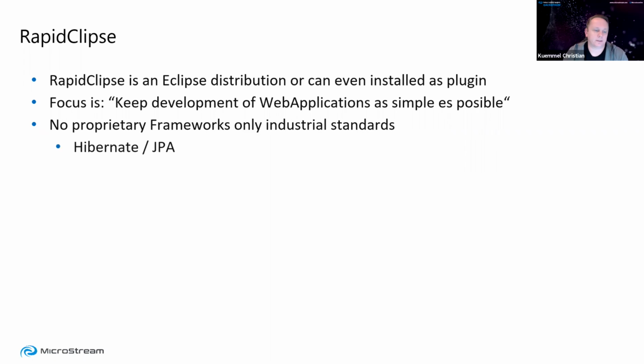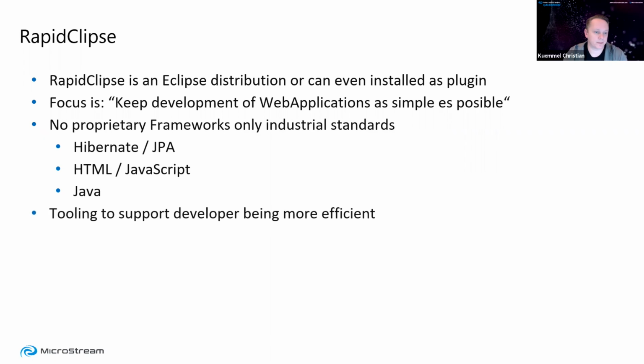And that's not the case. We only use industry standards like Hibernate, JPA, HTML with JavaScript, and of course Java. And that's really, really important to have clean code in the end, as simple as possible.